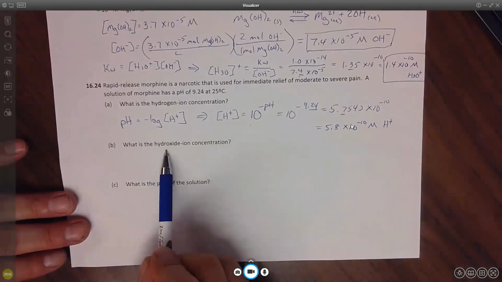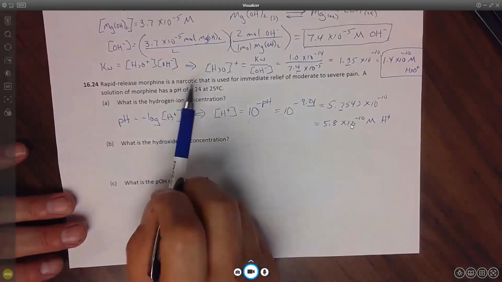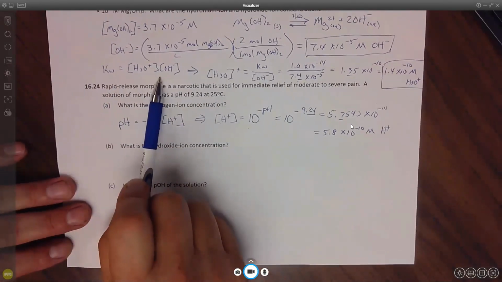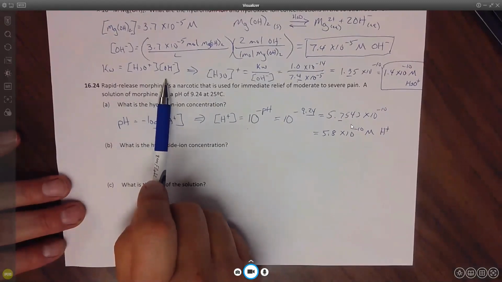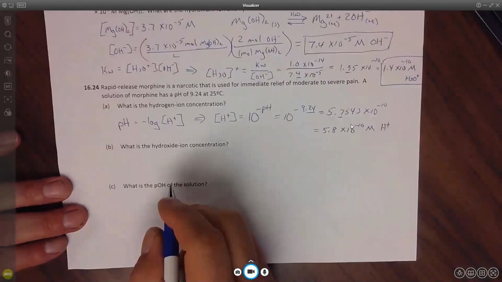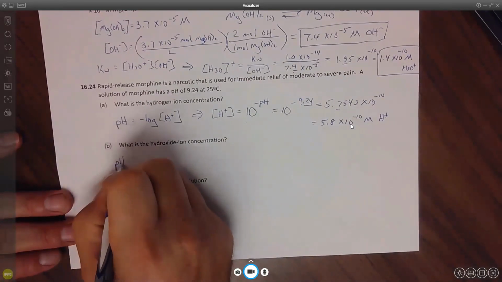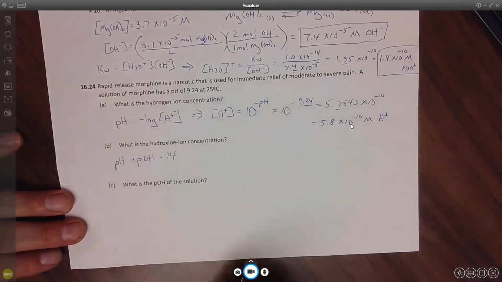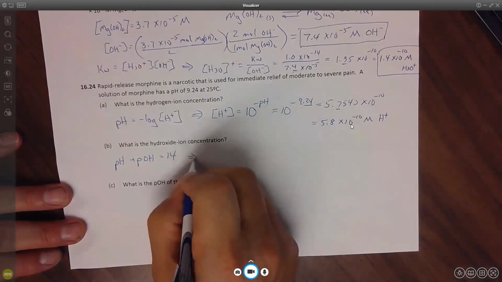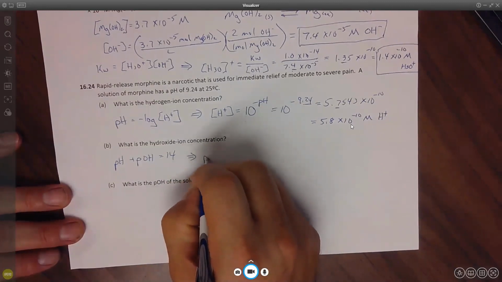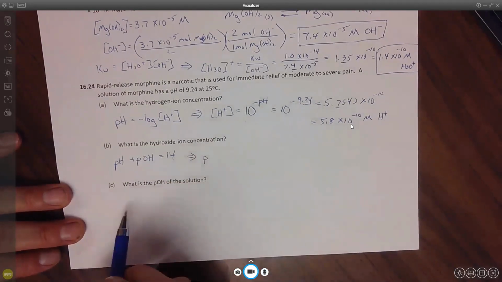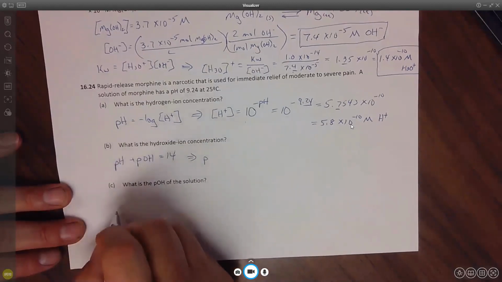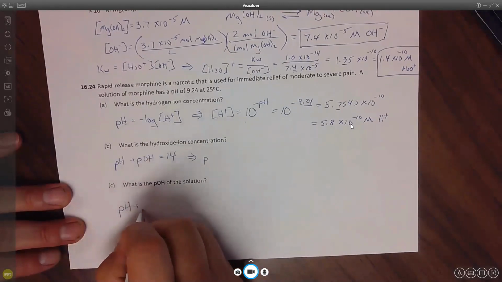Hydroxide ion concentration. We could just do this again. We could just use the equation that we used the last time. Or we also know that the pH plus the pOH is equal to 14. And so we just rearrange this and say that the pOH, actually I'm going to solve this one first. This would be more for this guy down here.